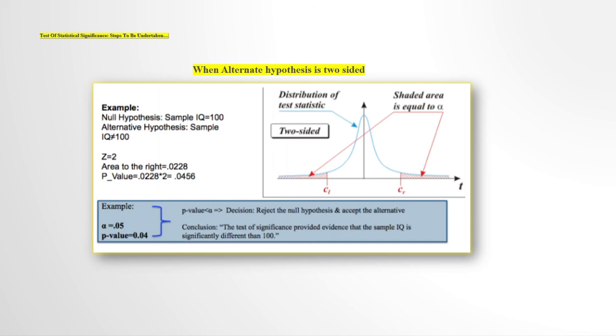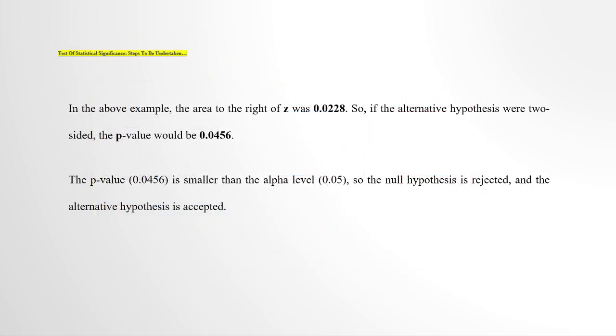So we are clearly rejecting the null hypothesis and accepting our two-sided alternative hypothesis, which again confirms the result. The same has been explained here. The p-value, taking both ends, comes out to be 0.0456, which is obviously smaller than the alpha level, so the null hypothesis would be rejected.